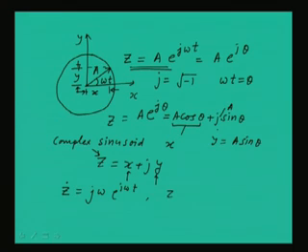We take the first derivative of A e^(j omega t), and similarly the second derivative, which gives minus omega square A e^(j omega t), and that we can write as minus omega square z itself.